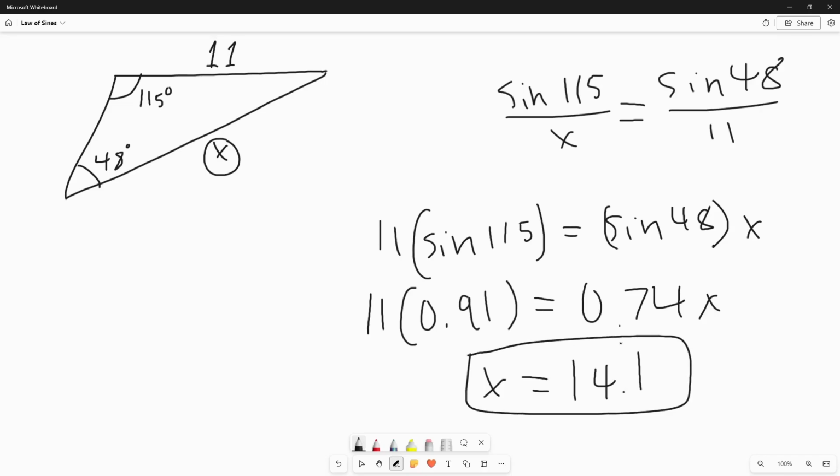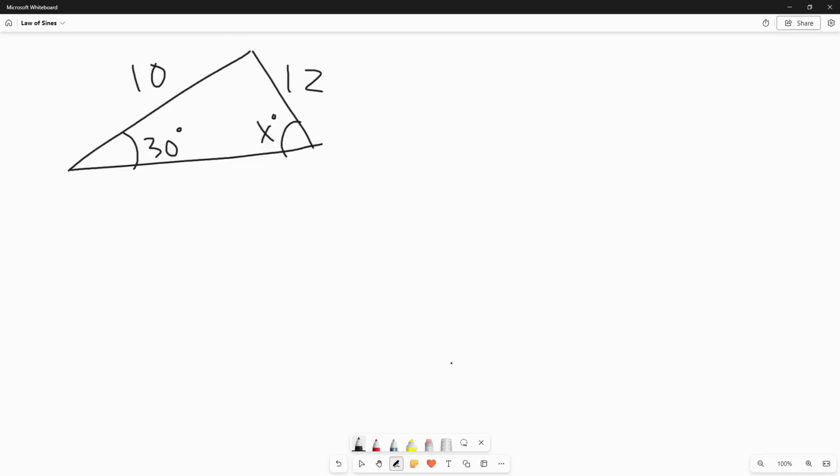And that's pretty easy. However, sometimes there can be a special case such that there might be two possible answers that you can get. This is known as the ambiguous case. If you have two sides and an angle that's not in between those two sides, such as this 30 right here is not in between the 10 and 12, then you will get two possible answers and you need to calculate both accordingly.